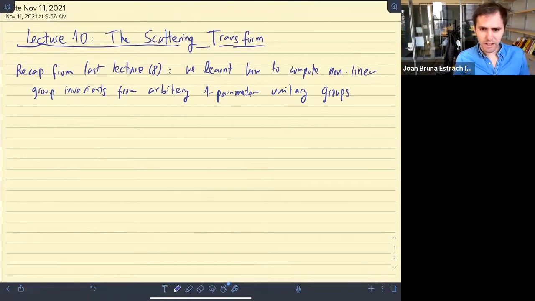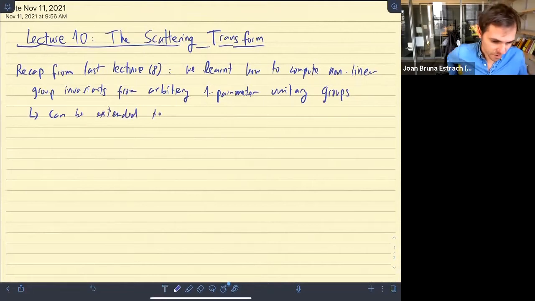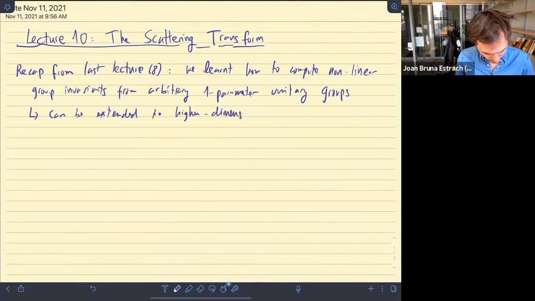An immediate consequence of this very simple result is that we can extend it, basically to higher dimensional abelian groups.